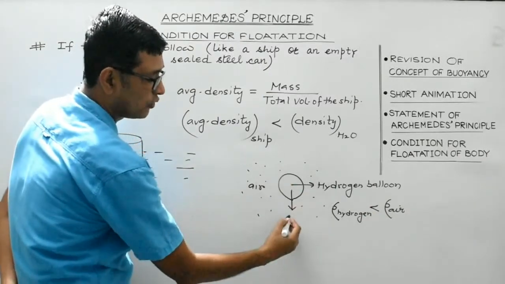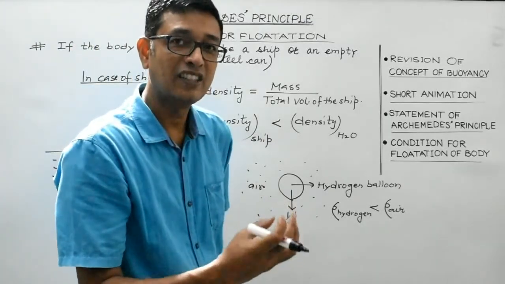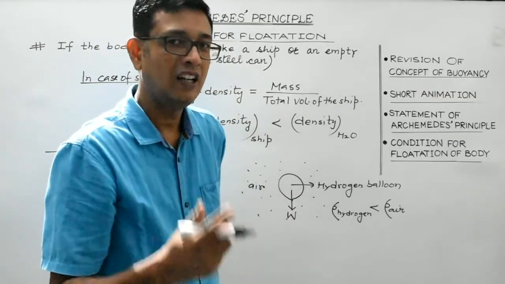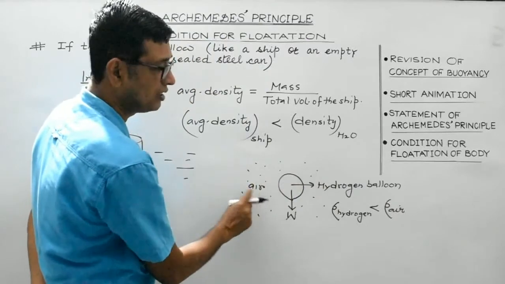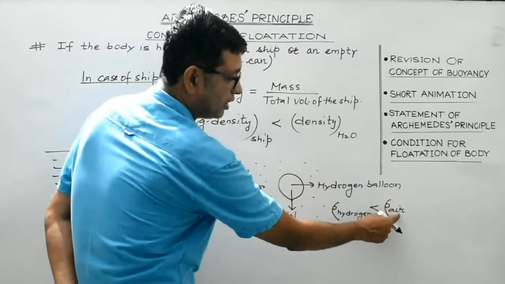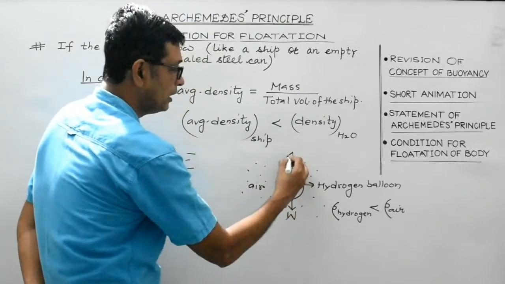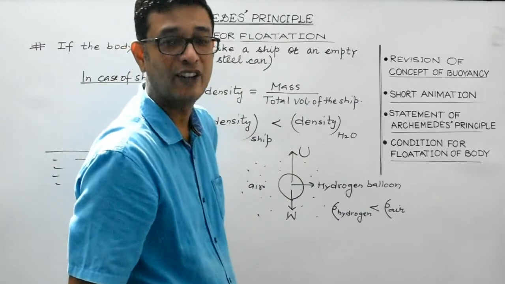it will be under the action of two forces. One is its weight, and air will exert an upward force on the balloon, and that is known as upthrust. Upthrust, students, depends upon the density of the fluid. In this case, the fluid is air. So, density of air being greater than that of the density of hydrogen, the upthrust would be greater than the weight of the hydrogen balloon.